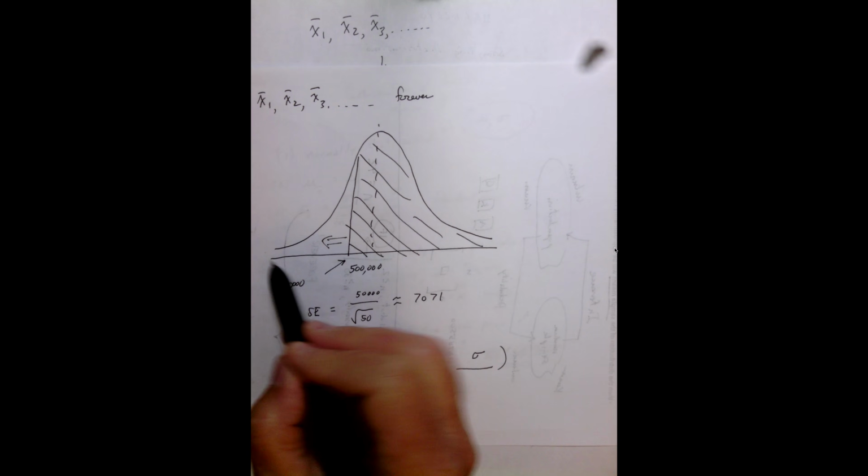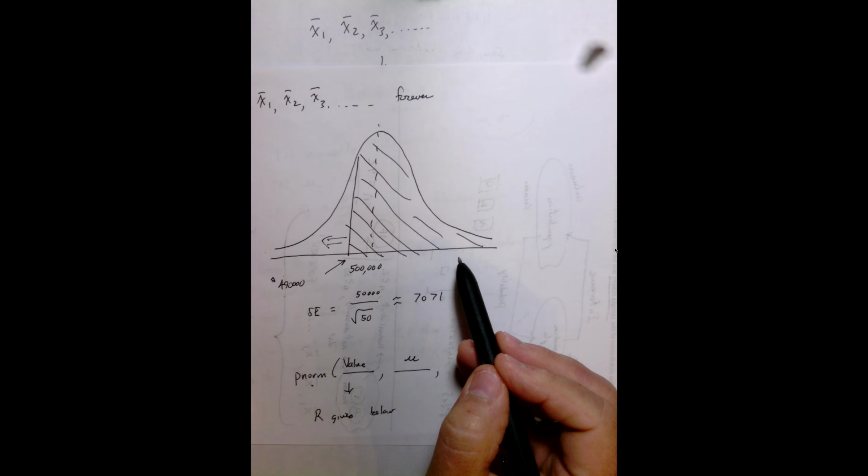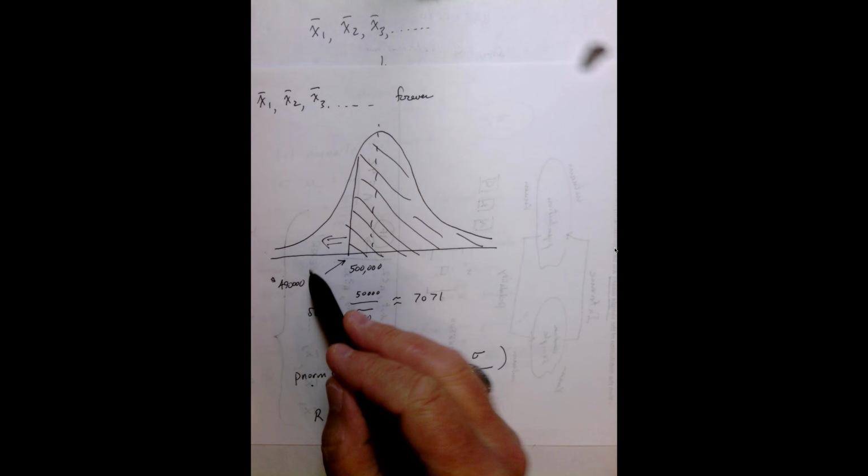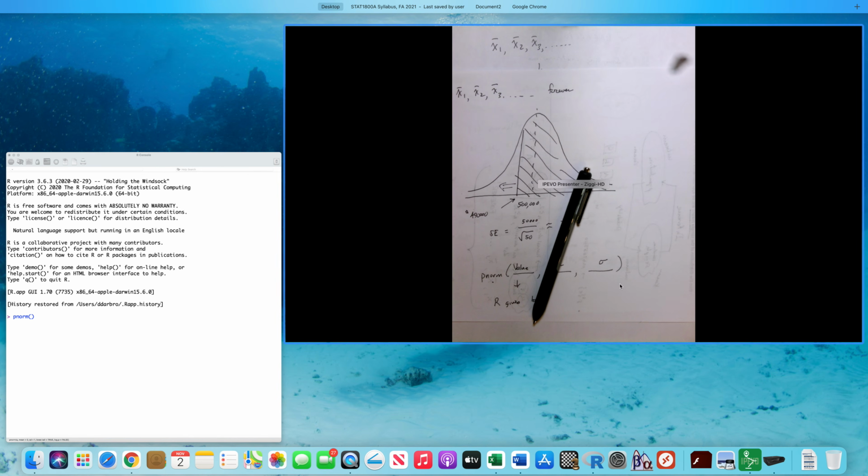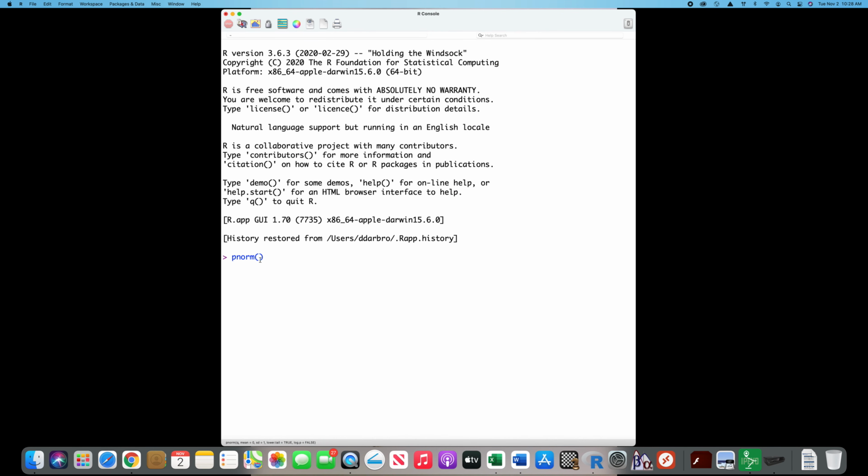Well, gang, we know that the area under the normal distribution is equal to 1 square unit. So all I have to do is take 1 and subtract this area below to get the area above, right? So simple stuff. So I need to first go ahead and put 1 minus pnorm of 490,000. The mean was 500,000.